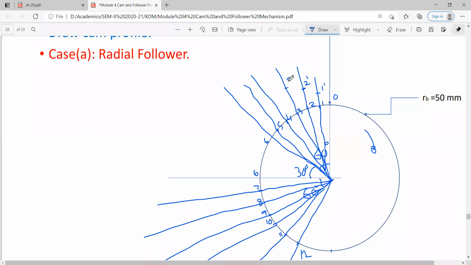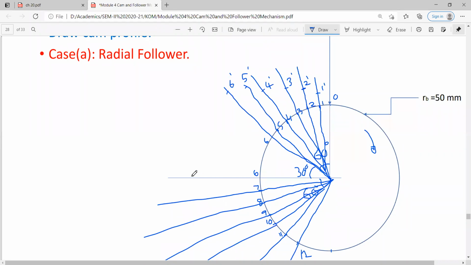Here it will be 3 dash, 4 dash. You have to take these distances from the displacement diagram. 5 dash, and this one is 6 dash.